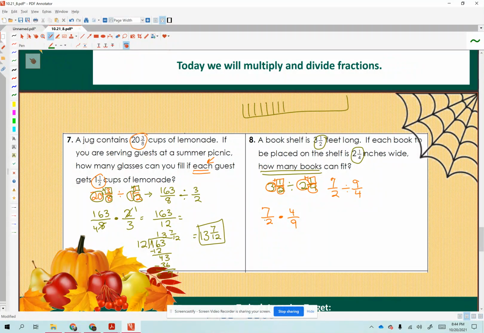So what I can do is divide the 2 and the 4 each by 2. 2 divided by 2 is 1. 4 divided by 2 is 2. Getting tired late at night. So I will multiply across, which gives me 14/9. Let me just double check. 9/4, invert. 7 times 2 is 14. 9.